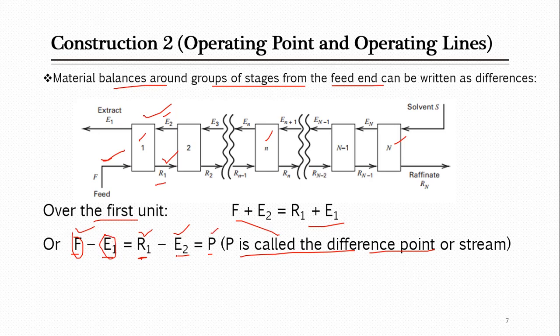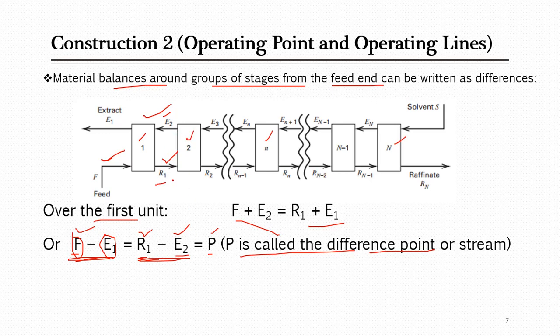Each of these terms is actually equal to P, this difference term, like here F minus E1 as well as R1 minus E2, they are equal to P. Understand? So this was the balance on only one unit. Let's write, for example, the balance on E2, stage 2.